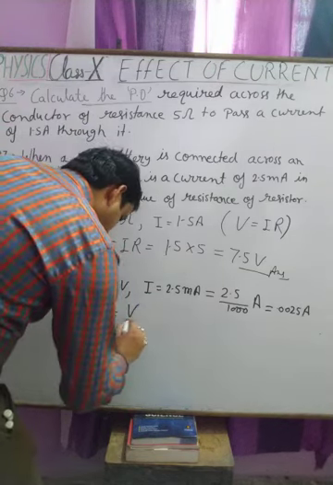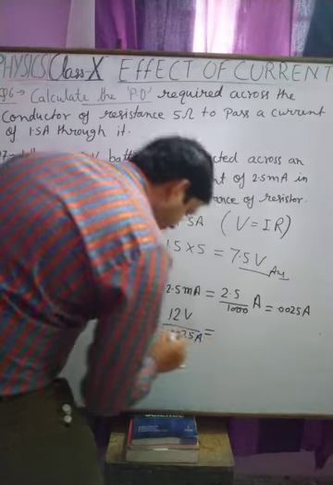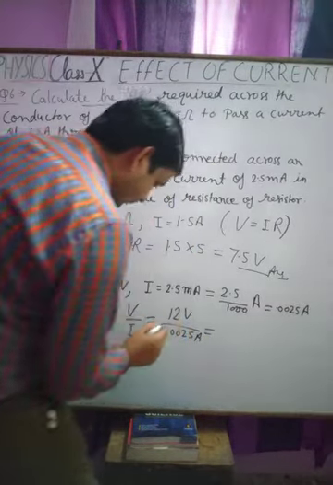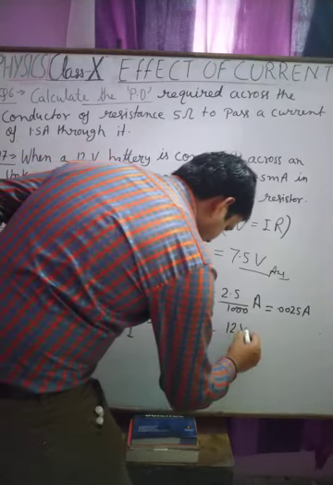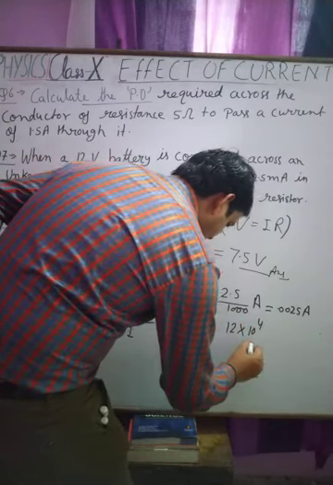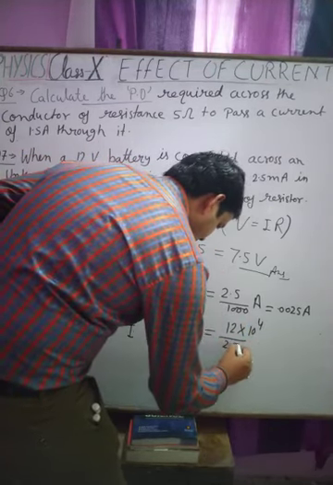Okay, now we solve this value: ten to the power 4 upon 25.